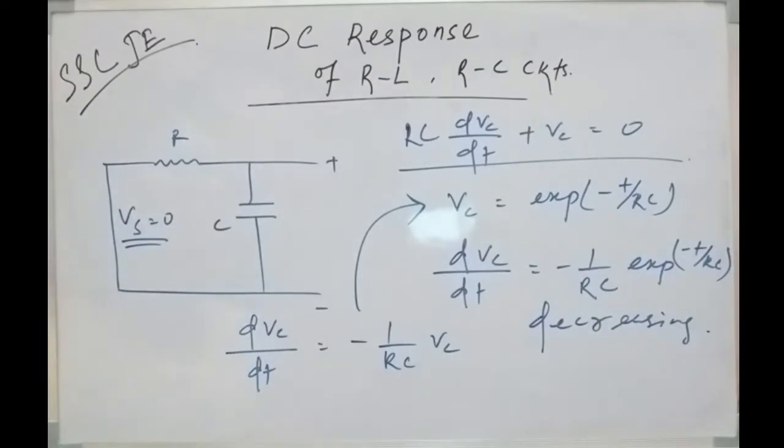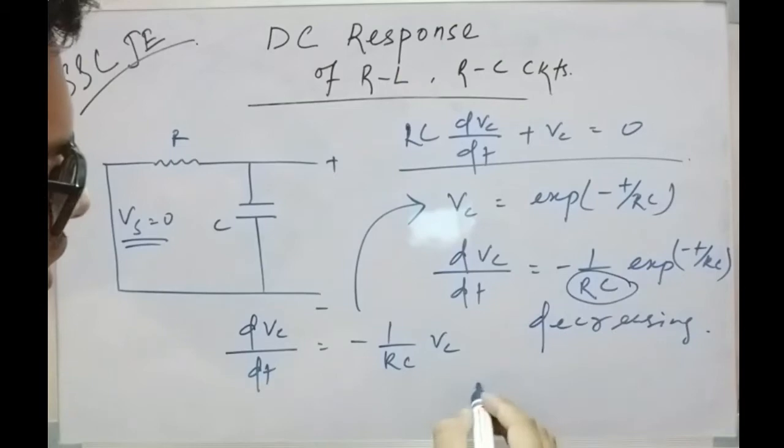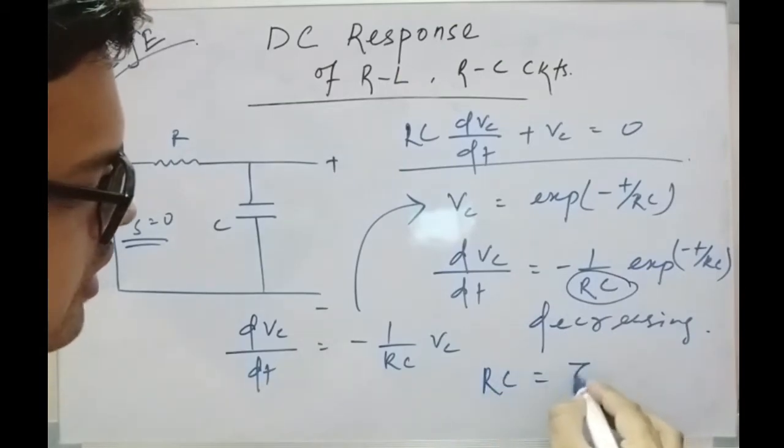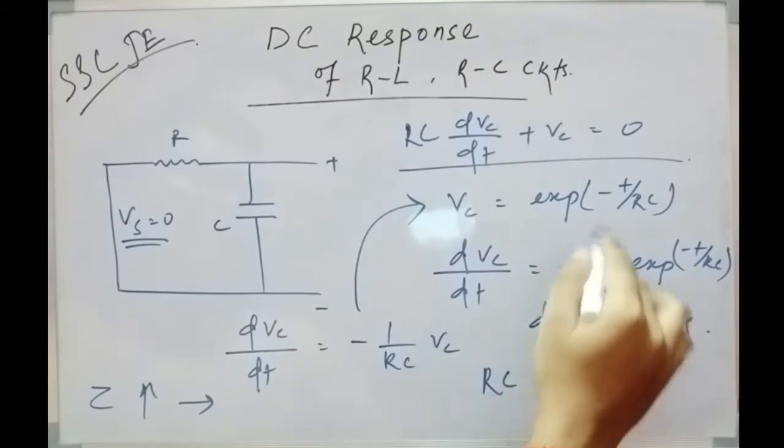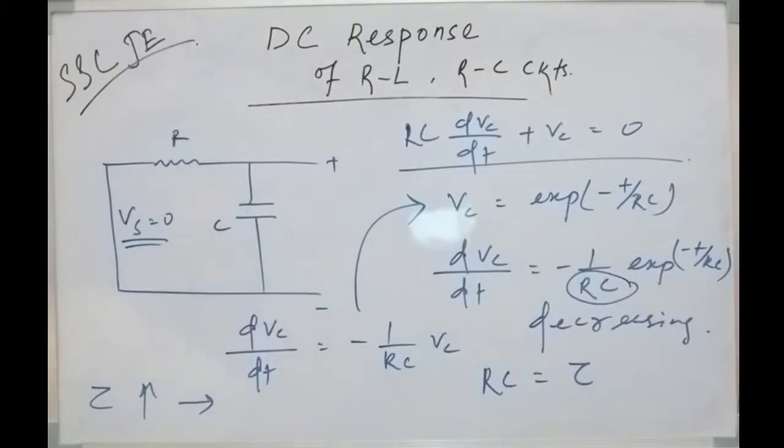Here you can take this RC as tau, or the time constant. The time constant decides whether the charging or discharging is faster or slower. If tau increases, it means either R is increasing or C is increasing, so overall RC is increasing. If RC is increasing, this ratio is decreasing.